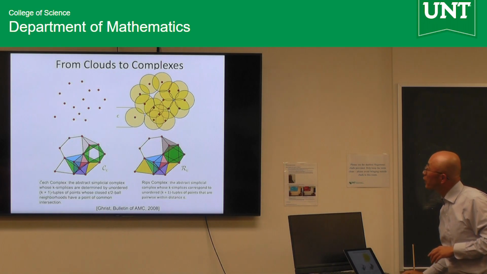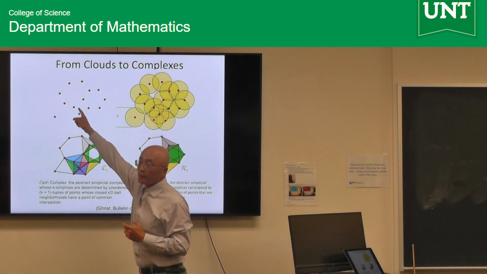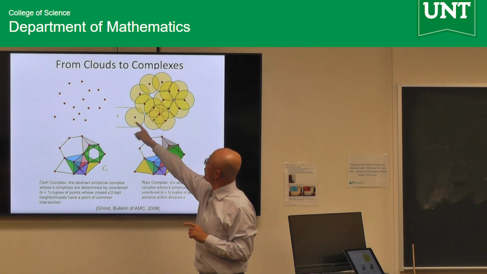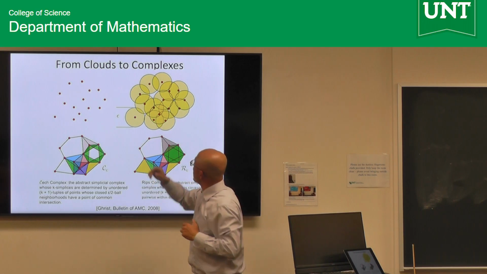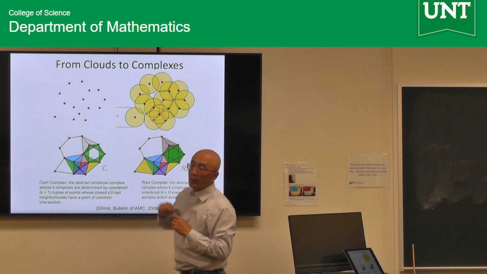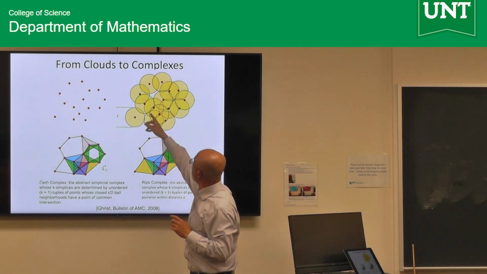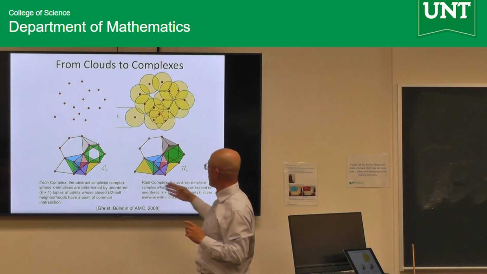Okay. So quickly, I can use this picture to represent it. You have a lot of points over there, and you give each point a radius, and then you let the radius become bigger and bigger. For example, right now you have the radius as epsilon over 2. And then you can define different complexes. Here are two approaches.